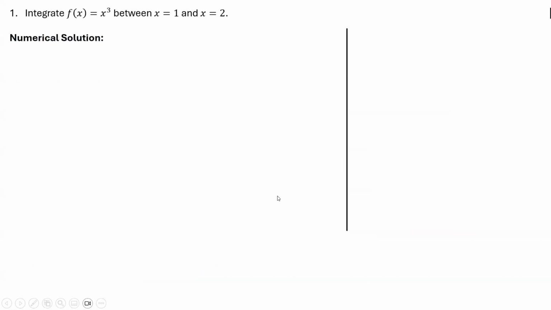So let's take an example. Imagine we have to integrate x cubed between x equal 1 and x equal 2.